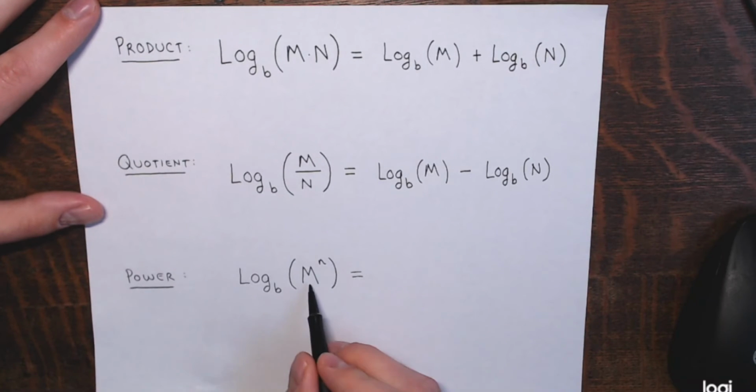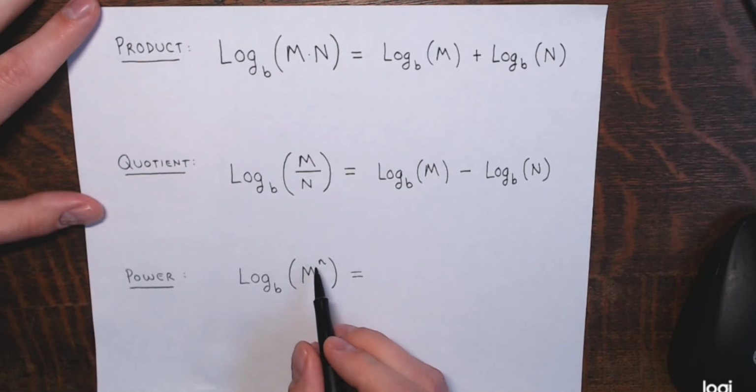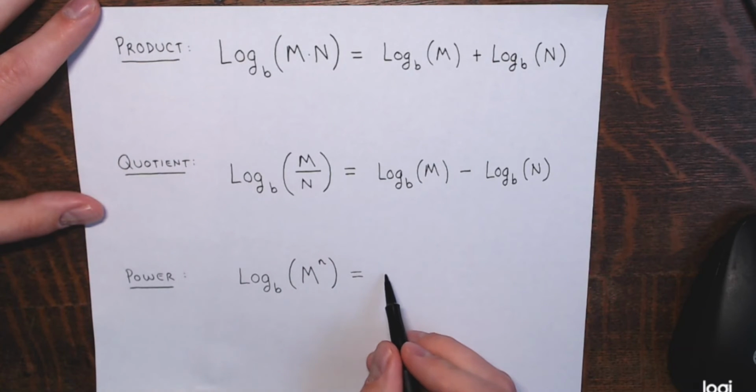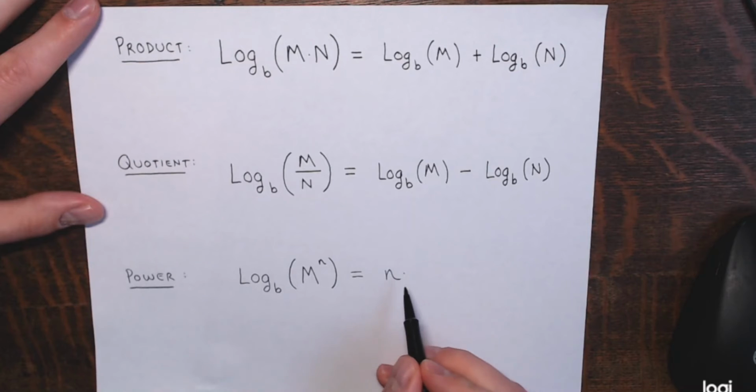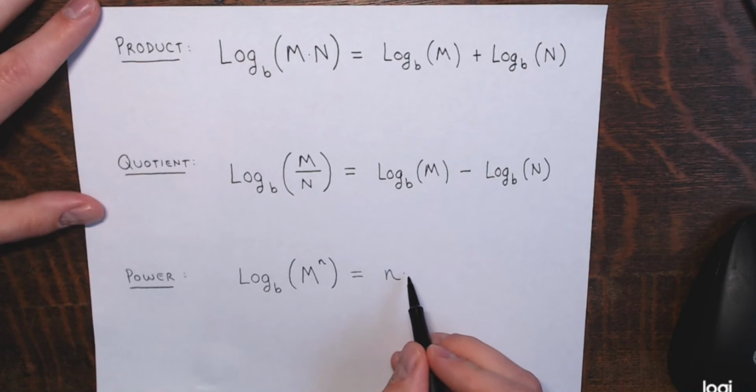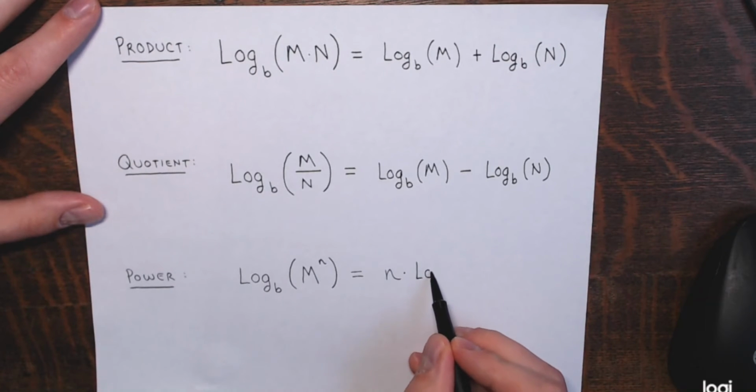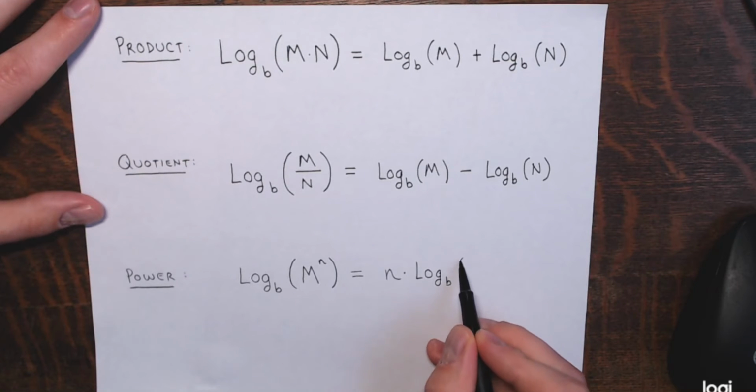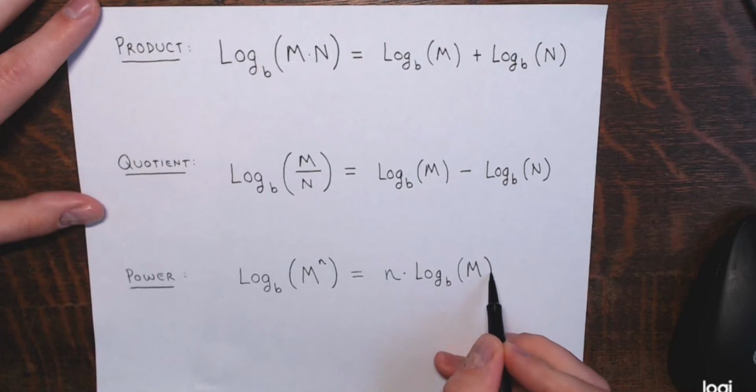If you see that, you could pull that power out, the exponent n, times the logarithm base b of just m now. And these were equivalent.